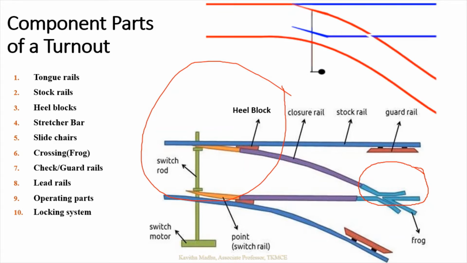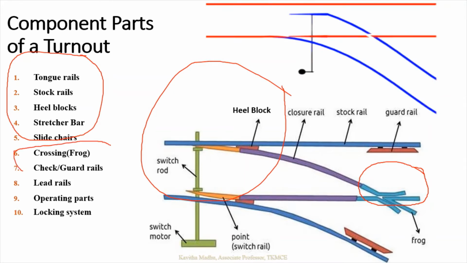So mainly it has two parts, the switch and the crossing. This much comes under the switch, and 6 and 7 come under the crossing portion, and 8, 9, 10 are the lead rails. Then there is an operating system to control the movement of switches. Let's see that in detail.